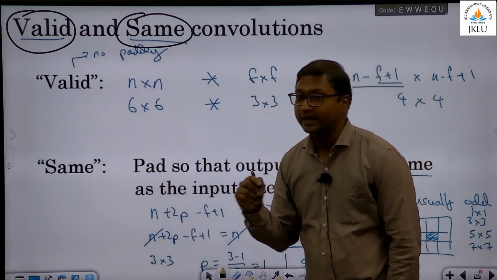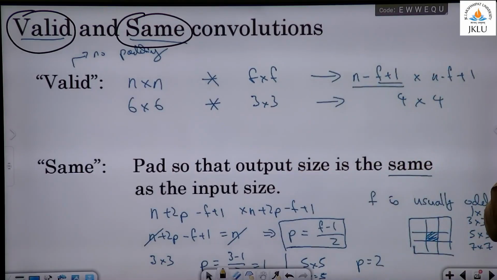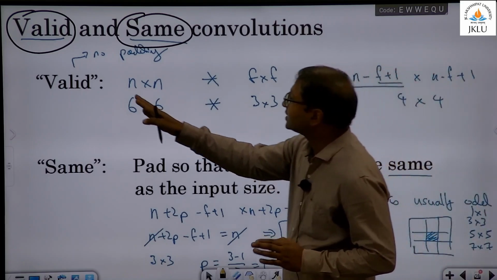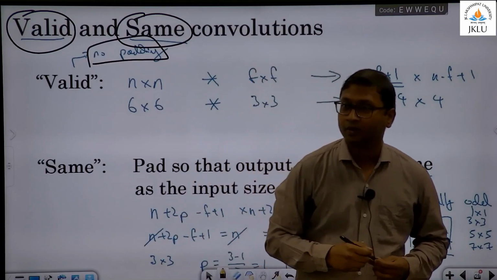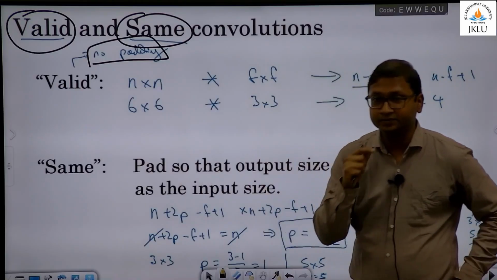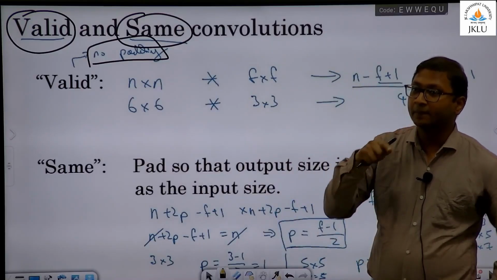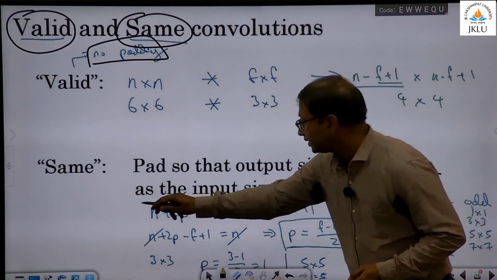And what is same padding? So valid padding is the normal thing that we do. What is same padding? Pad such that output size is same as the input size.